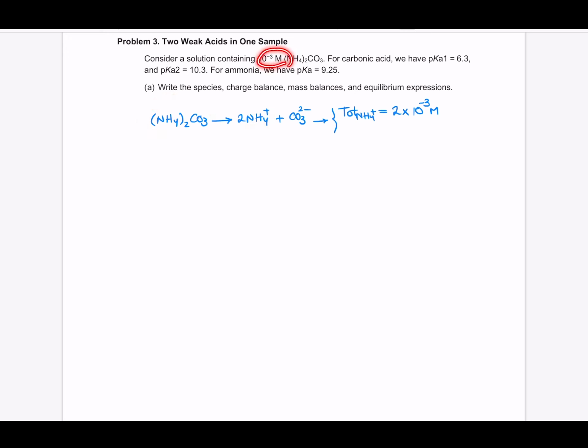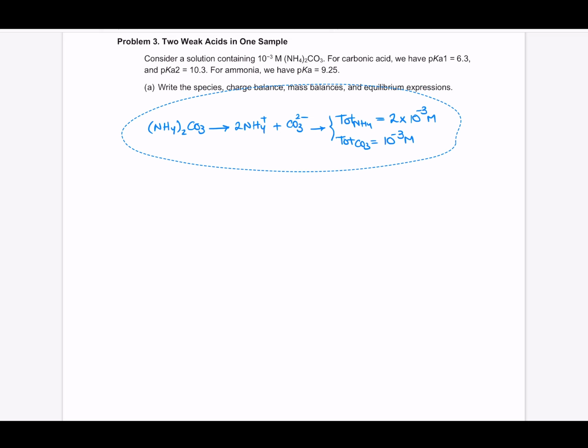And we have 10 to the minus 3 of the salt, so this would be 2 times 10 to the minus 3. And the total carbonate in the system, we can just remove the charge to make it simpler, would be 10 to the minus 3 molar. So that's what we're introducing to the system.